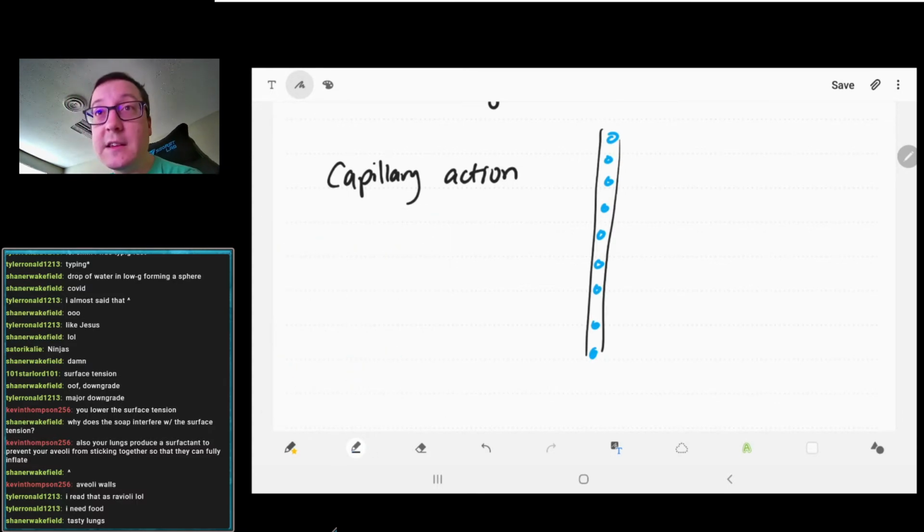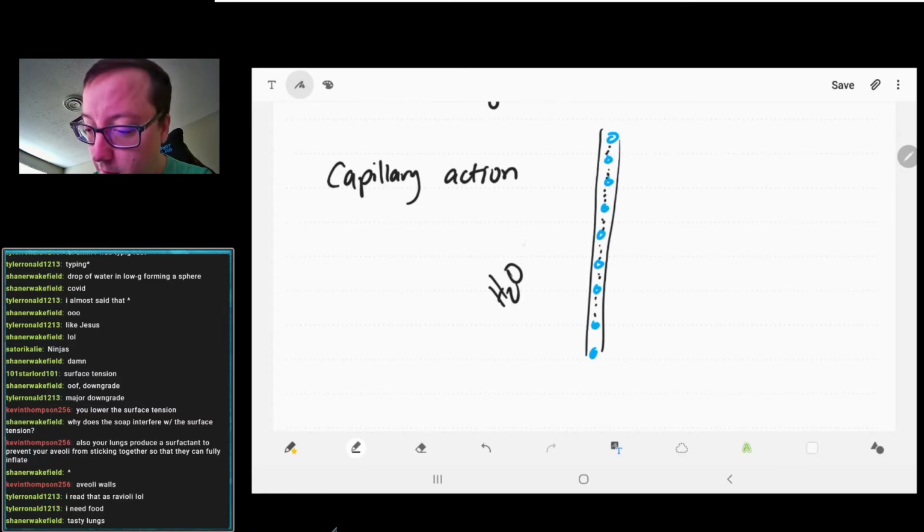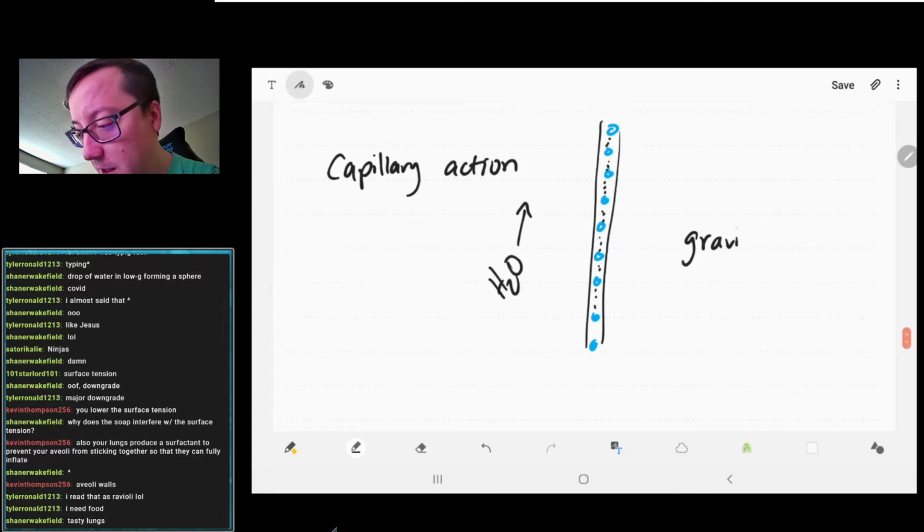So this is a standard thing for water, for example. If this H2O at the top is attracting the H2O below it, which is attracting the H2O below that, which is attracting the H2O below that, right? These are all attracting each other. And so we're going to see the water will actually move up even though gravity is pulling it down.